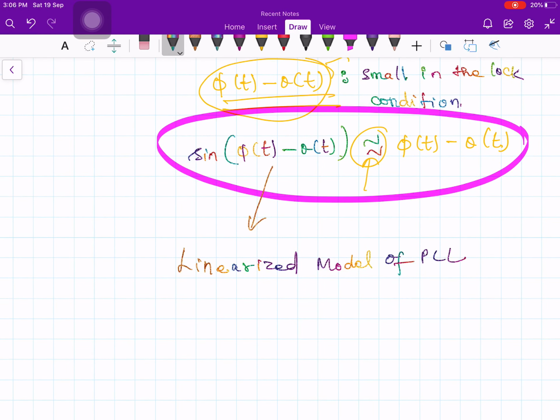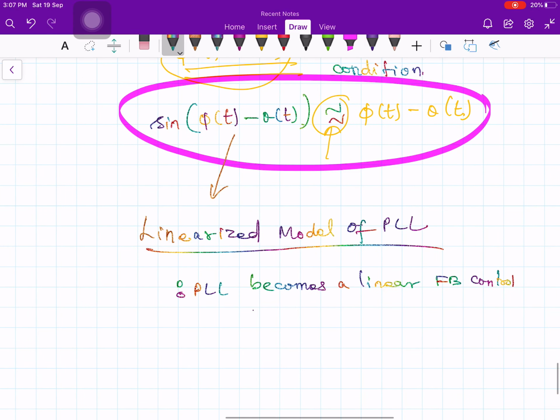We will not need that background from your control systems. Whatever we need, we will develop it here. Nothing to worry. So your PLL becomes then a linear feedback control system, right?